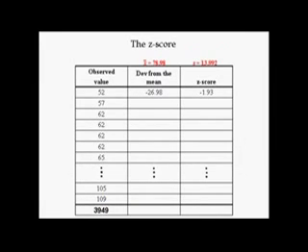Notice that we carried the first deviation from the mean and the first z-score from the previous slide into this table. The second deviation from the sample mean is computed by subtracting the sample mean of 78.98 from the second observation of x, $57. The second deviation from the mean is equal to negative 21.98.